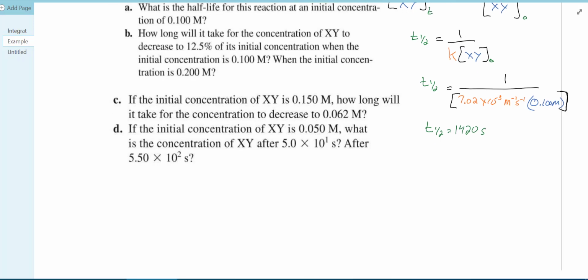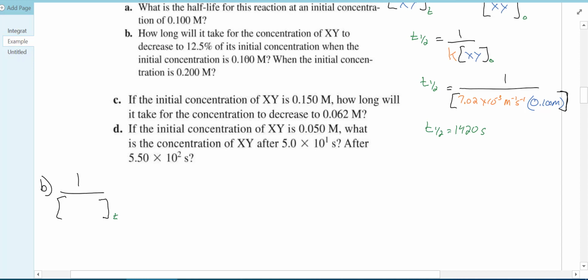So B, right? We'll use 1 over XY at time t equals kt plus 1 over XY 0. So the original concentration, or the concentration at time t, is, well, we'd have to multiply out, right?